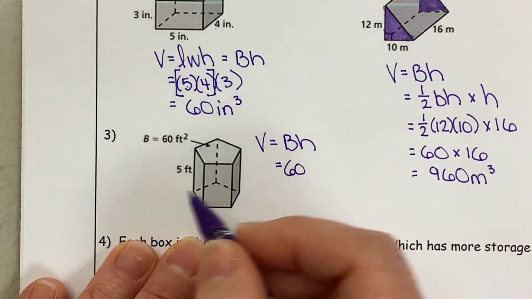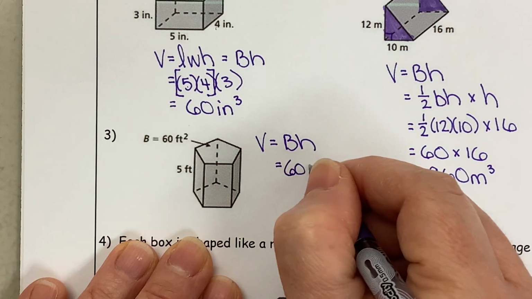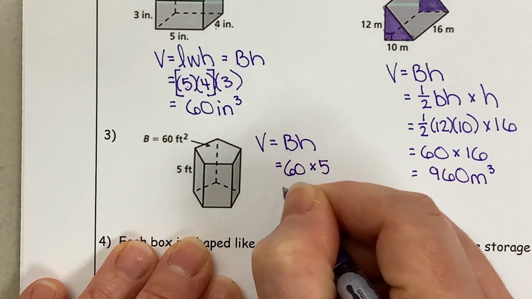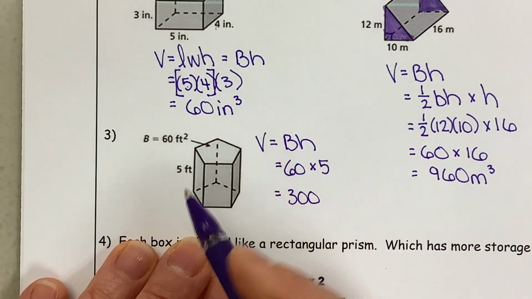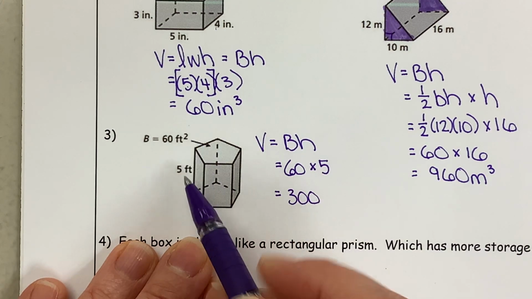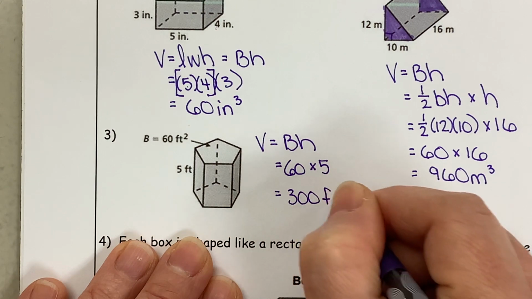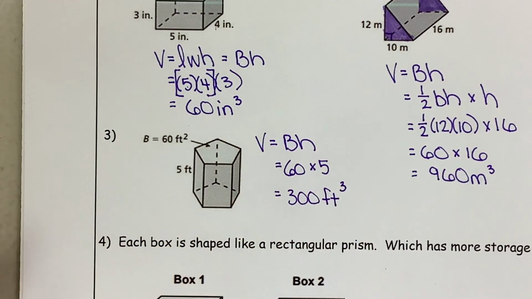So we're going to take that 60 times the height, which is 5. 6 times 5 is 30, and we add that 0 to it. Now we have a feet squared times a feet, so total that is a feet cubed. So when they give us the base area, it's actually very helpful.